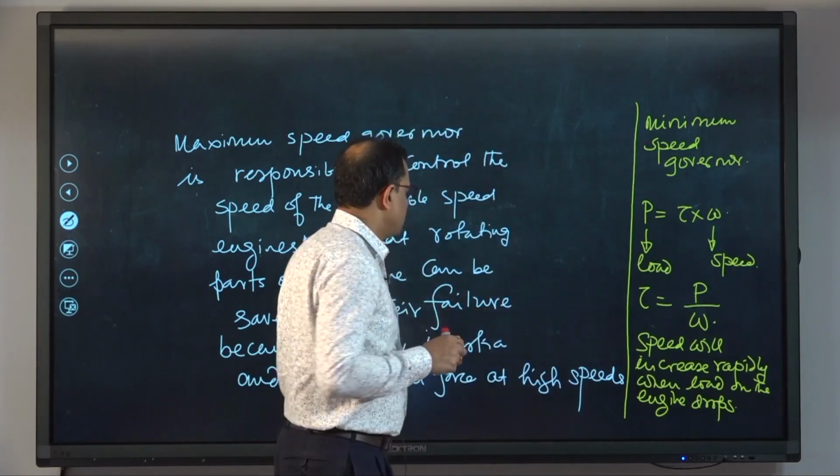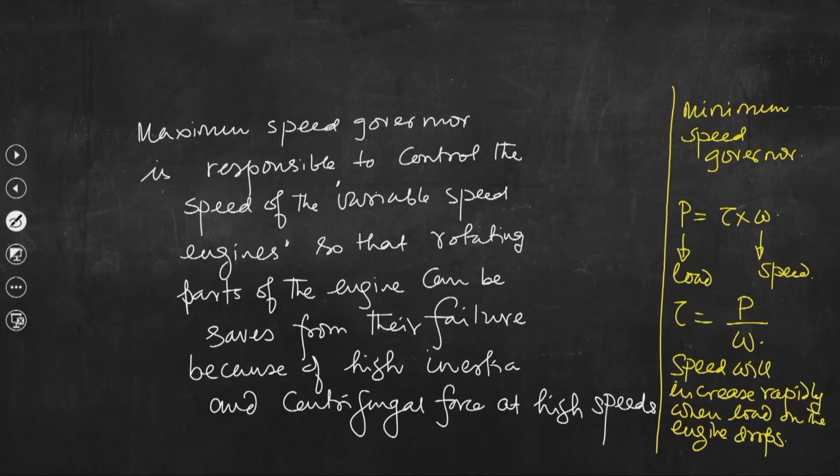This minimum speed governor is incorporated into the engine so that the engine can have stable operation at low speed. That means when there is a sudden drop in load, we can understand from the torque versus speed curve that speed increases rapidly, and there must be a minimum speed governor.